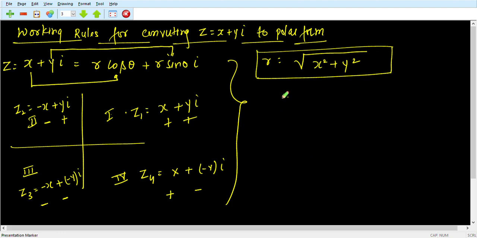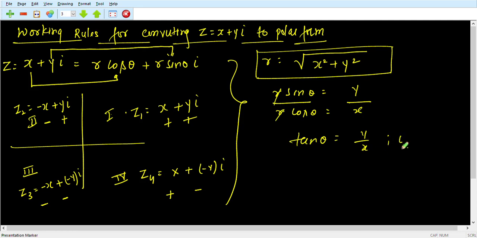As we know, r sin theta is y and r cos theta is x. If we divide both, we get tan theta equal to y upon x. So theta is equal to tan inverse y upon x. This is one technique through which you can get theta.